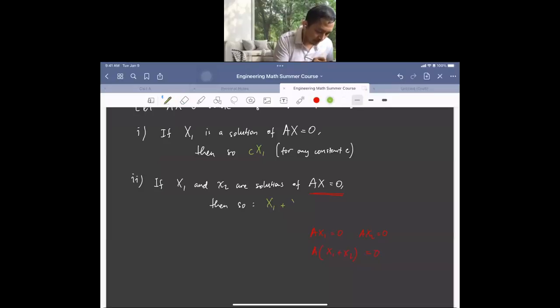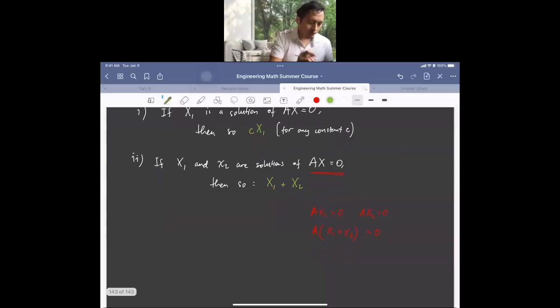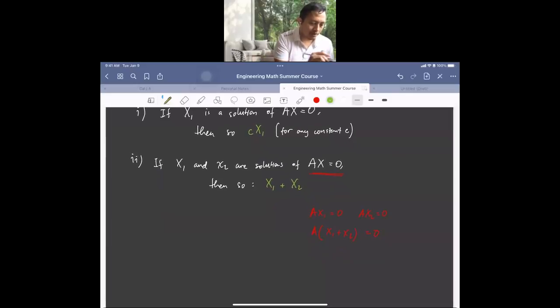This is actually a matrix. Okay, matrix. And by taking these two properties, we can also write down the superposition principle. Same thing as what we have in differential equations.